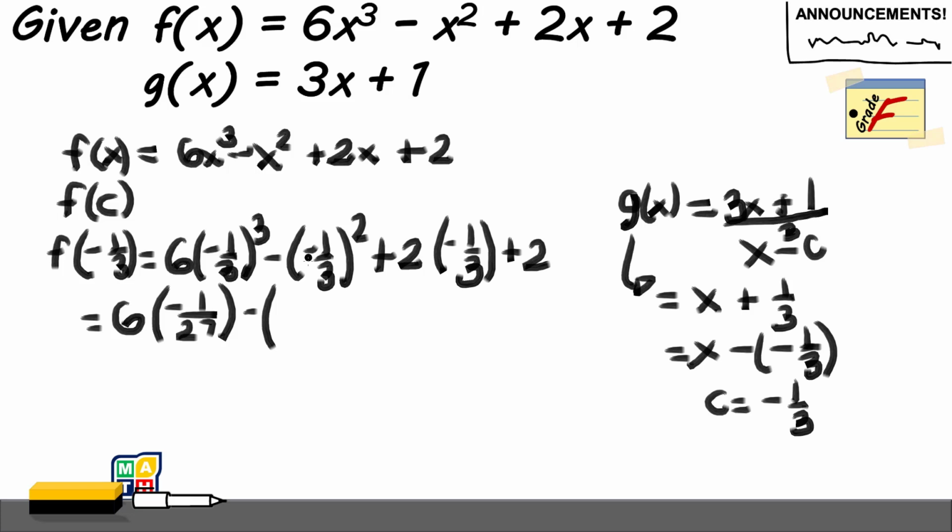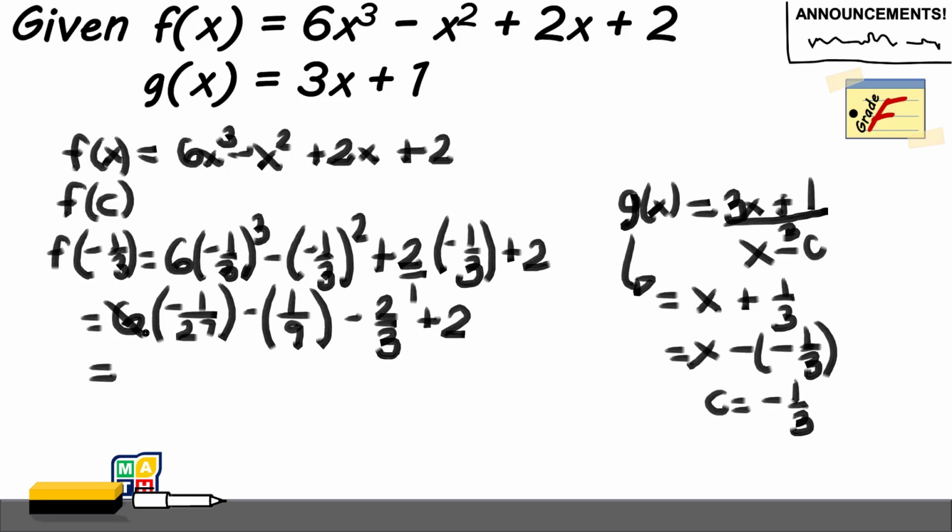The square of a negative number is positive. The square of 1 is 1. The square of 3 is 9. Here, since this is 2 over 1, you will simply multiply numerator, numerator, denominator, denominator. Positive 2 times negative 1 is negative 2 over 3. And finally, plus 2. Now, here, we can simplify this further.